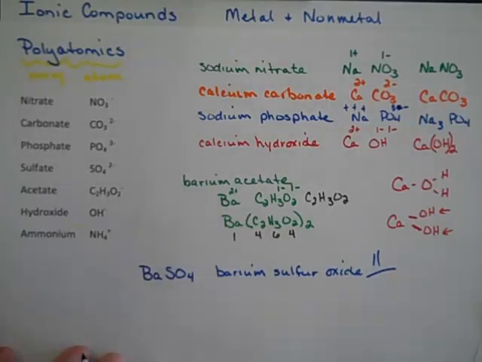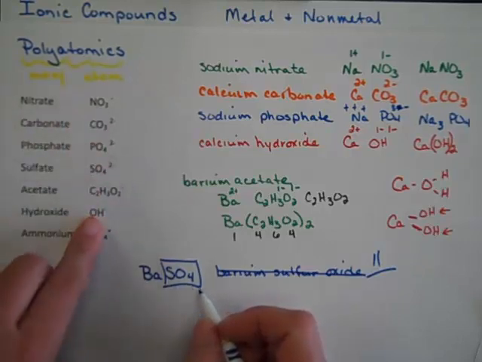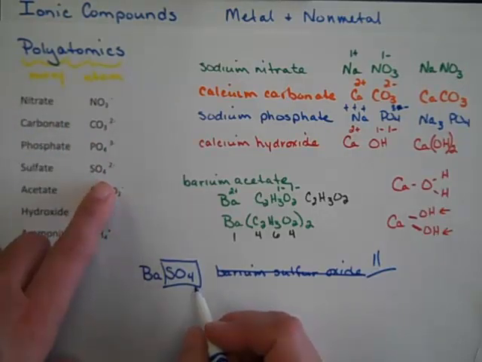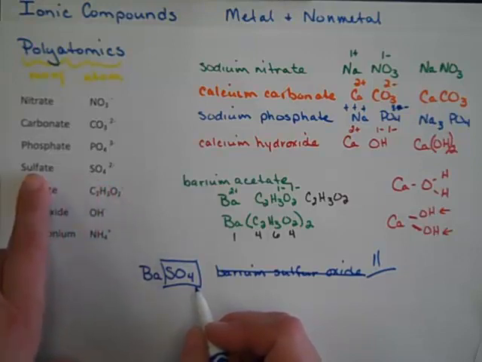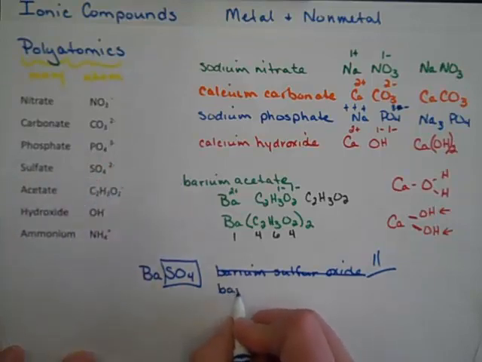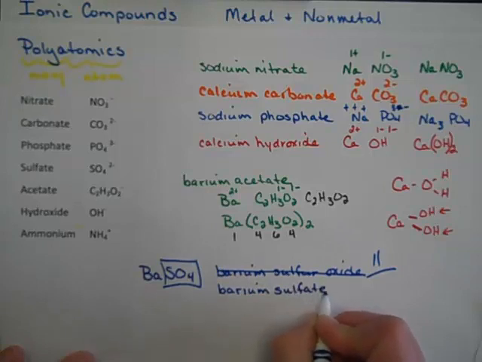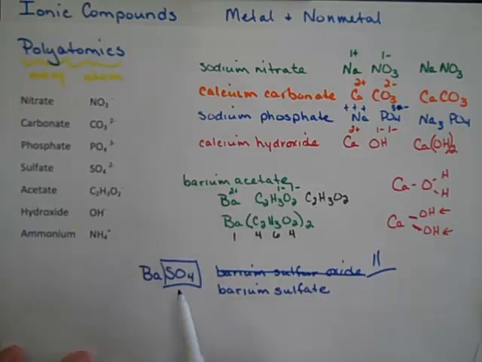This is wrong. Do not do that, because you need to understand that this is a polyatomic. When you see SO4, this is where that memorization comes in. This is an automatic recognition that this is the sulfate ion. So SO4 is sulfate. So we would call this barium sulfate. It is important to be able to recognize that.